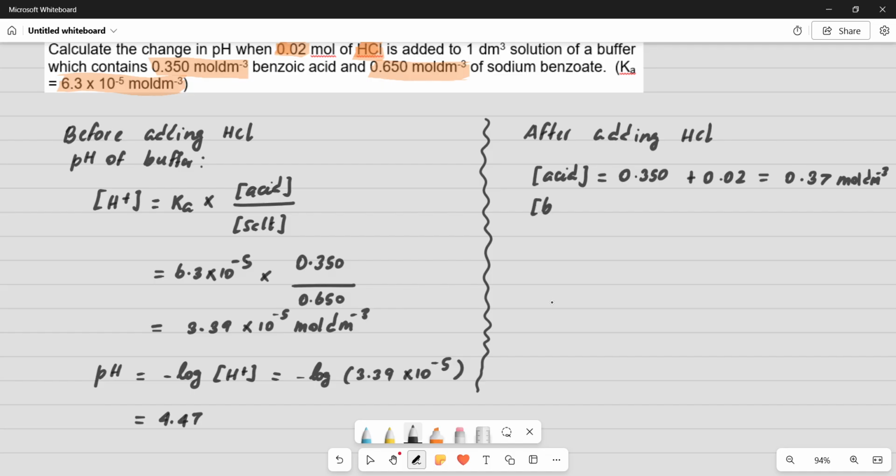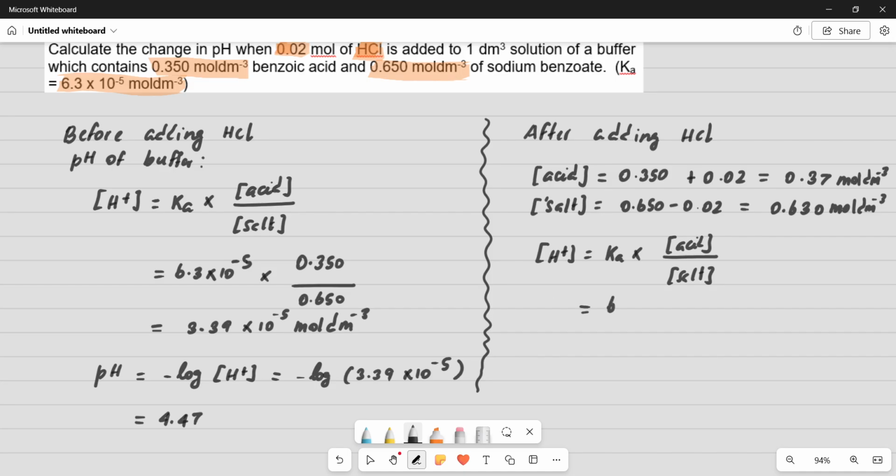And for the salt, it will be decreased by the same amount. So 0.650 minus 0.02 is 0.630 moles per decimeter cube. Now I use this to calculate the new concentration of H plus, which is Ka multiplied by concentration of acid over concentration of salt.